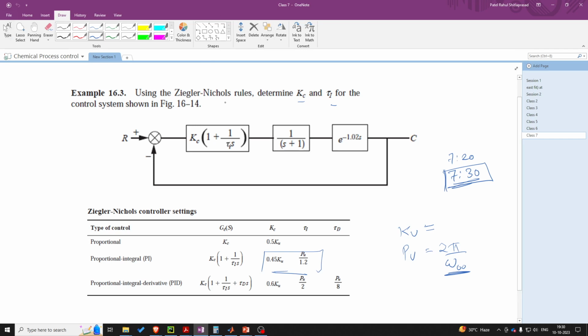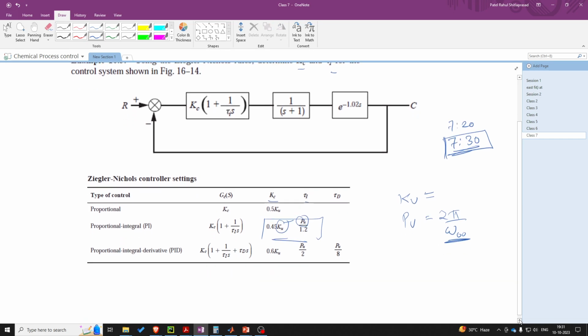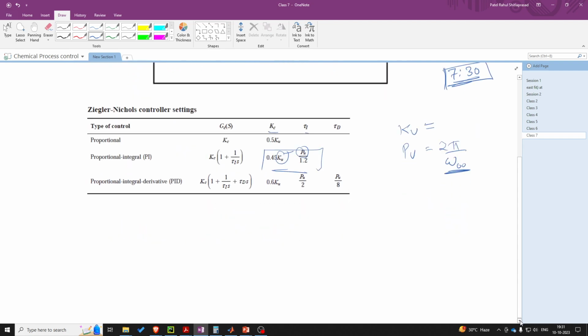So let's try solving this question. As discussed, we have to find these two parameters Kc and tau I. For that we need to find Ku and Pu. Ku is nothing but ultimate gain. That you can find using the Bode stability criteria, which states that at gain crossover frequency the amplitude ratio is 1.